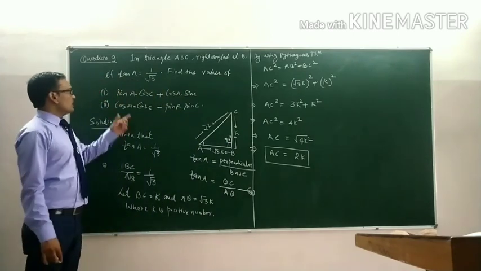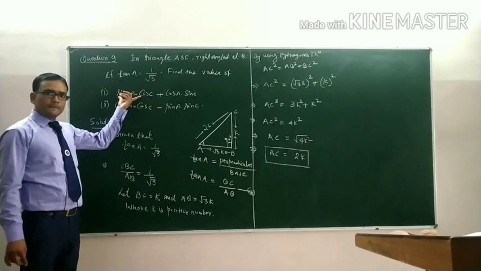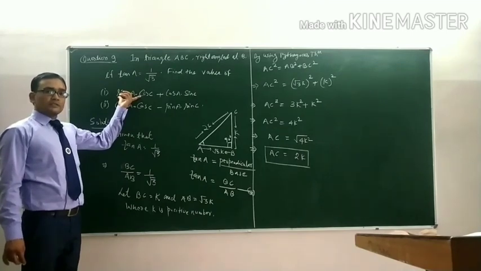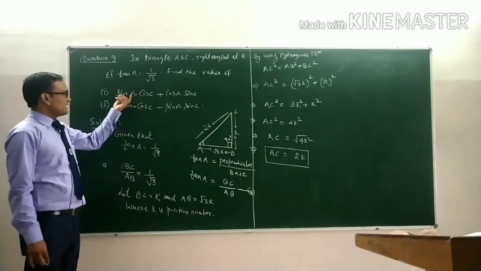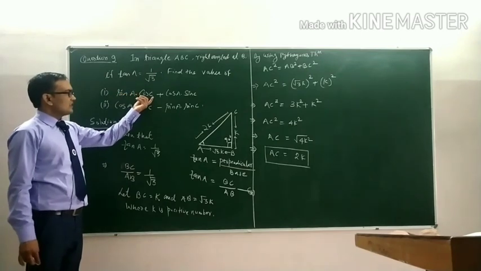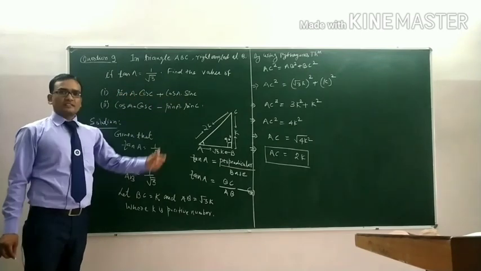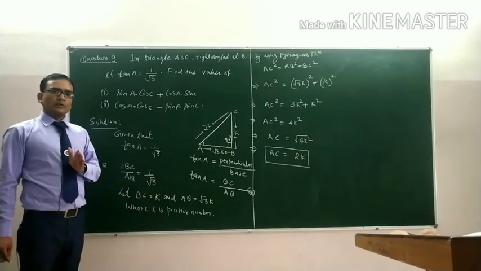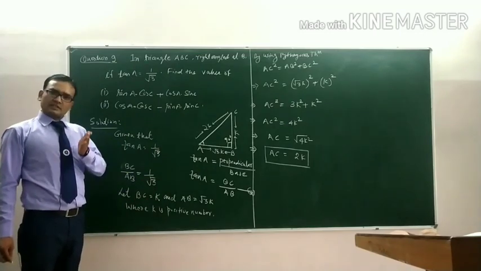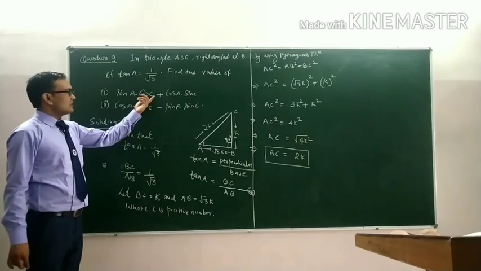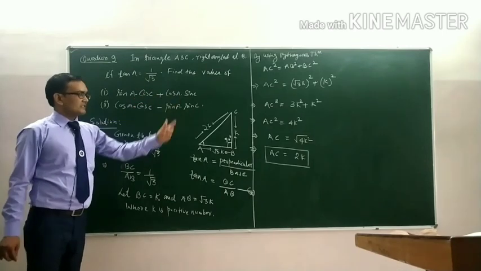We solve the first part. By solving the first part, our requirement is sin A, cos C, cos A, sin C. First of all, we find the value of these.